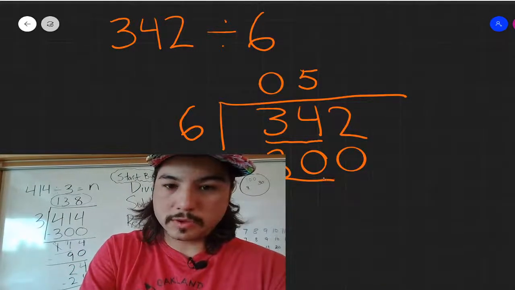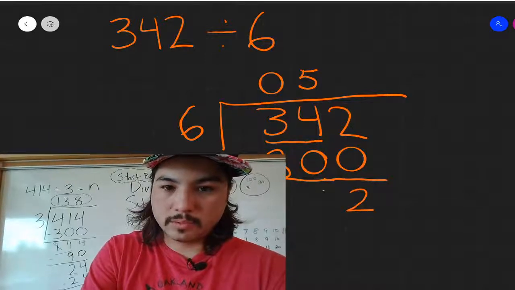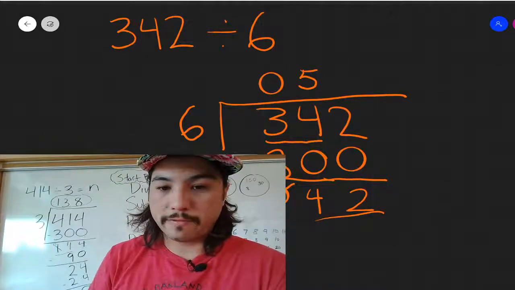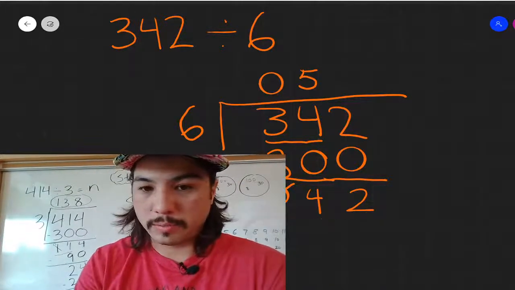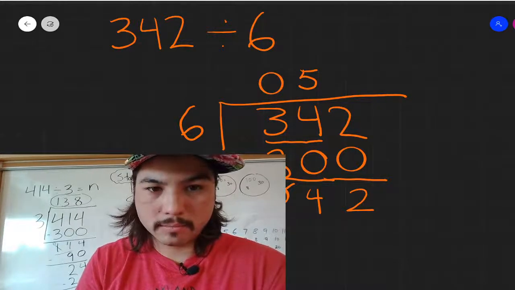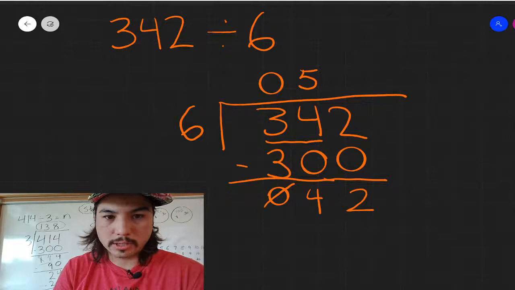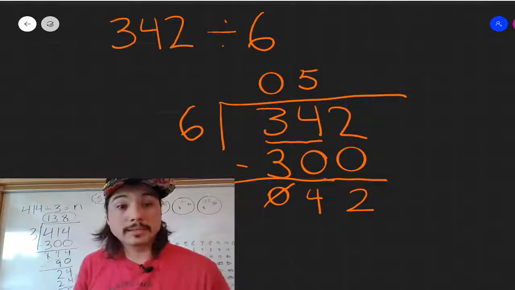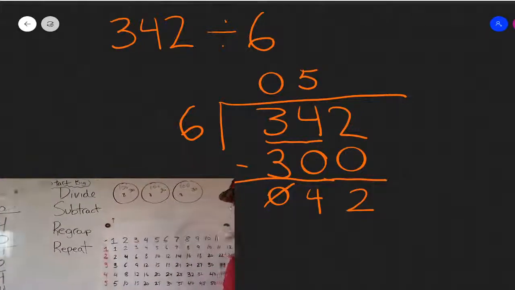So subtract. 2, 4, and 0, leaving me with 42 ones, or 4 tens and 2 ones remaining. Now, let's go back. That's what that subtraction looks like. Now let's see how many 6s can we make with 42.